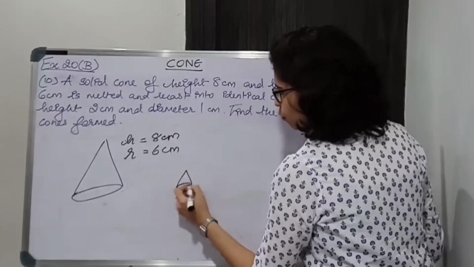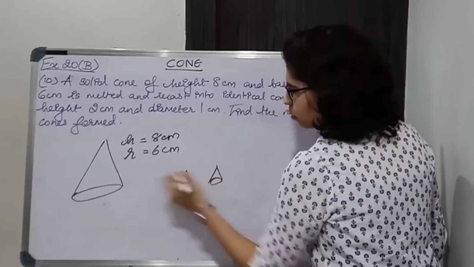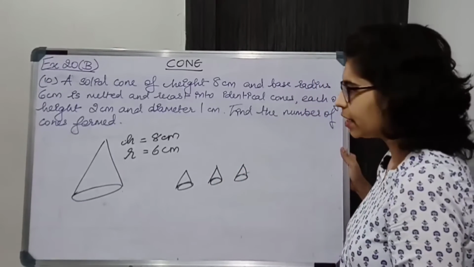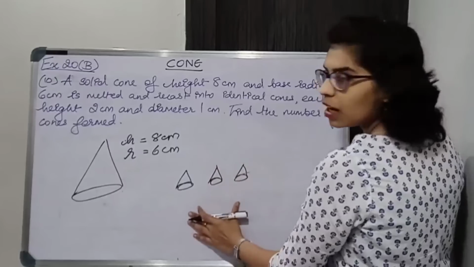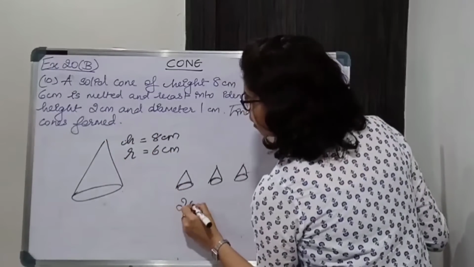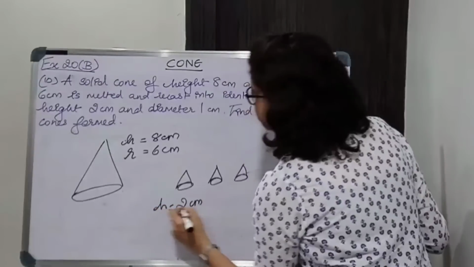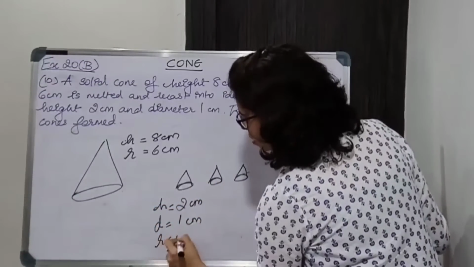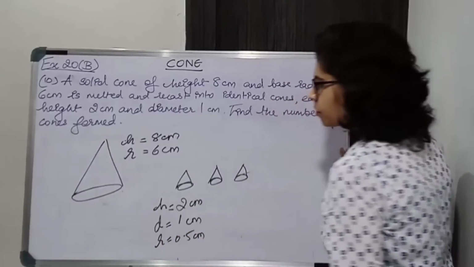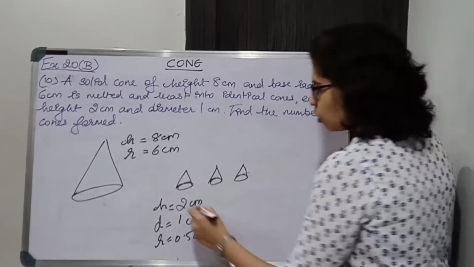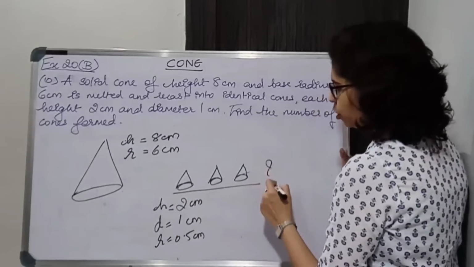Okay, you are forming small cones out of this cone and all these cones are identical. Okay, all have the same height and diameter. So all of these have height 2 cm and diameter 1 cm. Diameter is 1, meaning R is 0.5 cm. Okay. Now find the number of cones formed. How many cones are formed? We don't know.